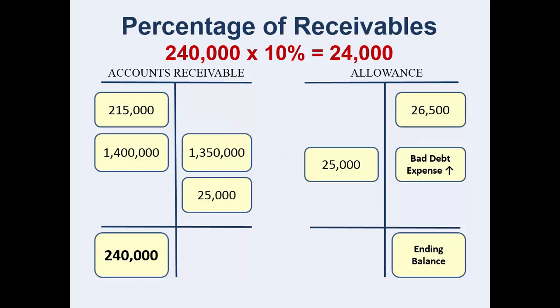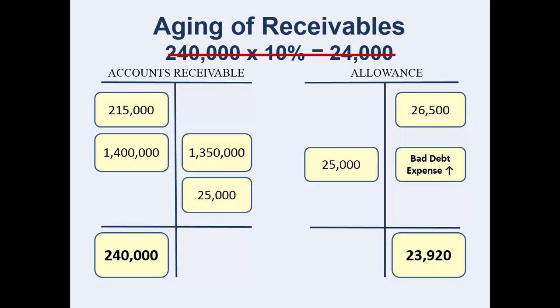Now, had you been using just the straight percentage of receivables, you would have taken that 240, multiplied it by the 10%, and the ending balance you would have used is 24,000. But with the aging method, it's a little less than that. And this is why it's actually felt to be the most accurate.